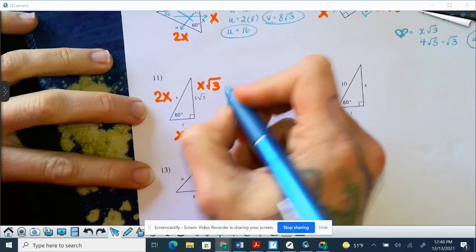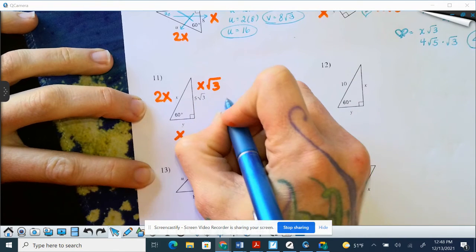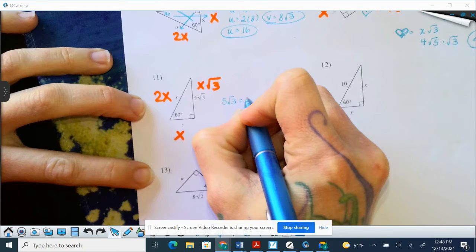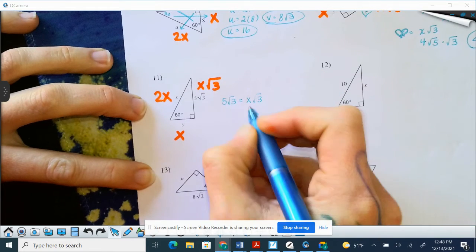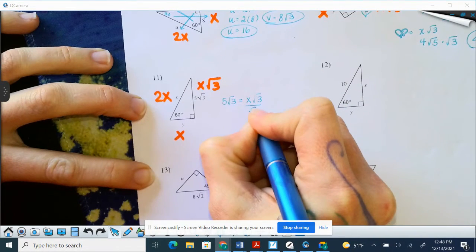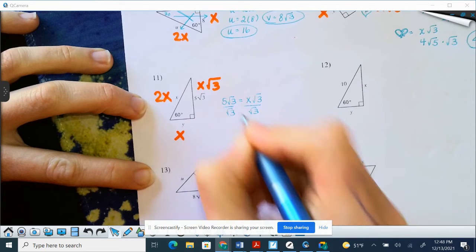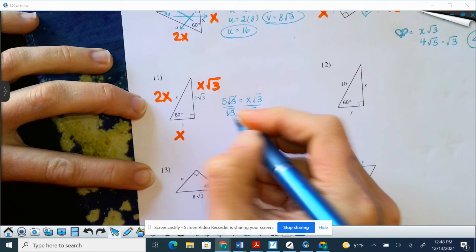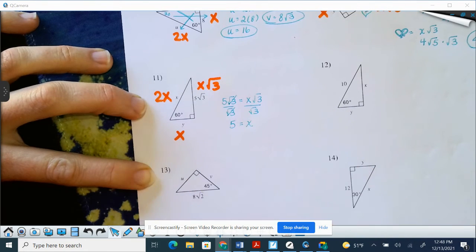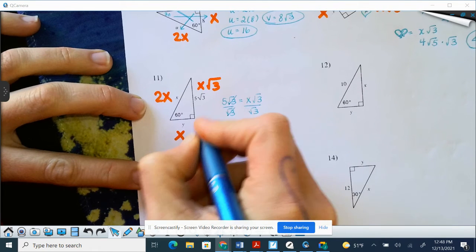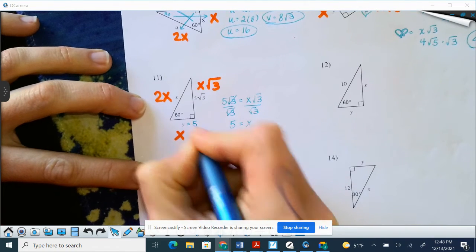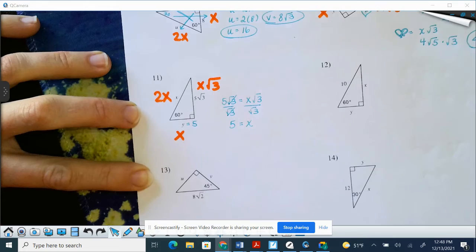But if I know that this side, 5 square roots of 3, is equal to the ratio x square roots of 3, I'm going to get x by itself. So I'm going to divide by the square root of 3. These two are the same thing. So x is going to equal 5 in our ratios. So for the answer to this triangle, y is equal to 5 because this is our x ratio side.